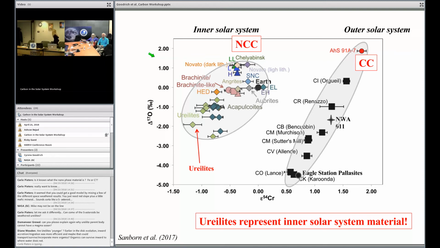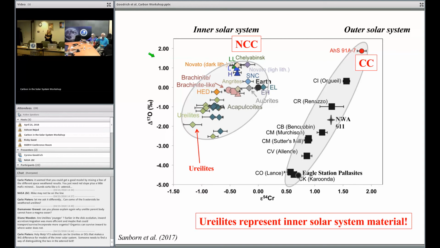The main constraint is that if you want to get to such a high temperature, you had to have a lot of aluminum-26 around, which means you need a very old accretion time, or an old time for the beginning of the melting. And so our result was that Uralites accreted between 500,000 years and 1 million years after CAI. But as I said, it's a model.